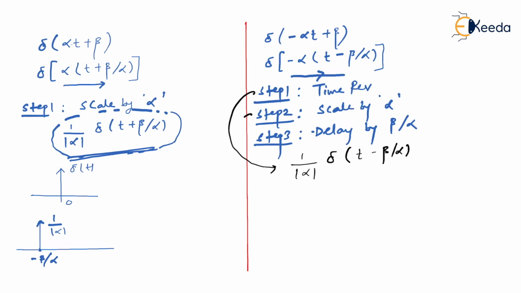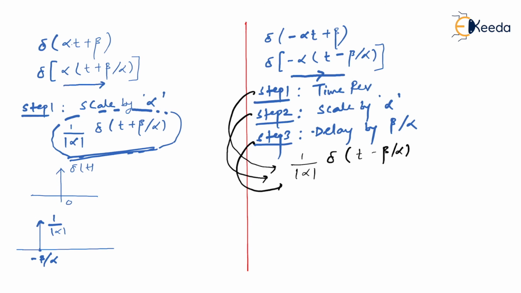In fact, I have added step 2 also here. Step 2 says scale by alpha. So I have scaled by alpha. You know that after scaling by alpha, it remains an impulse signal only. The only thing is that the area changes by 1 upon mod of alpha. And then I have also delayed by beta by alpha. So after incorporating all the steps together, you're going to get this as the final answer.